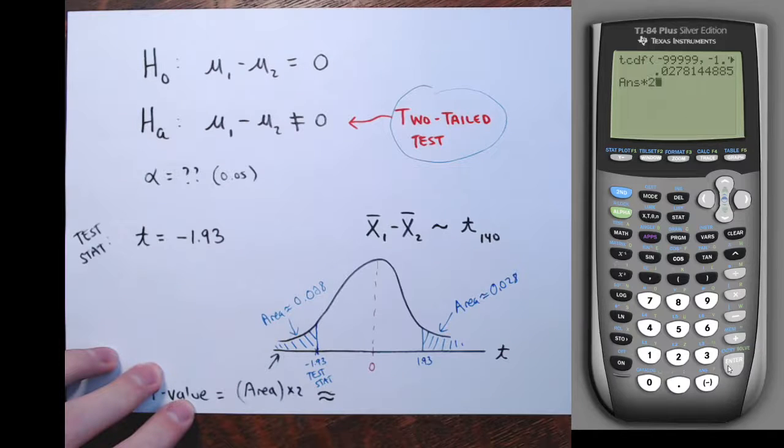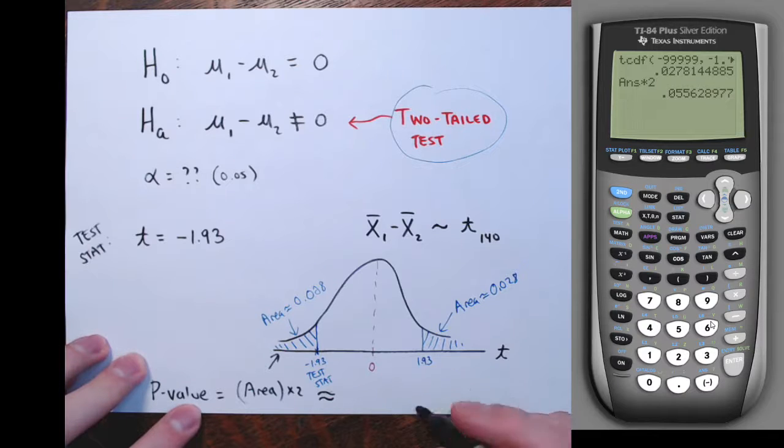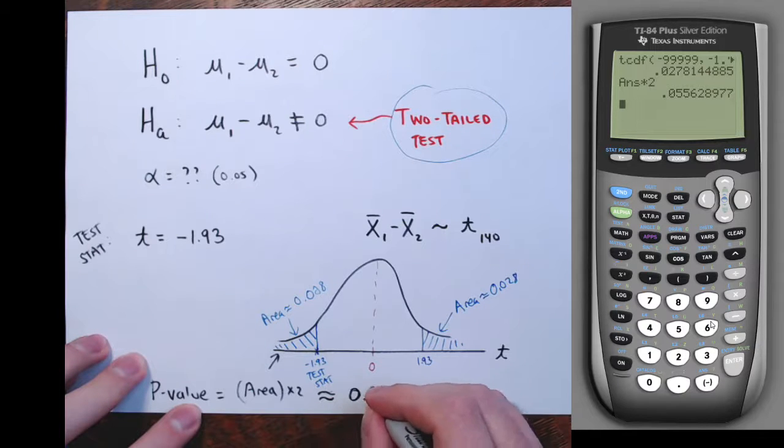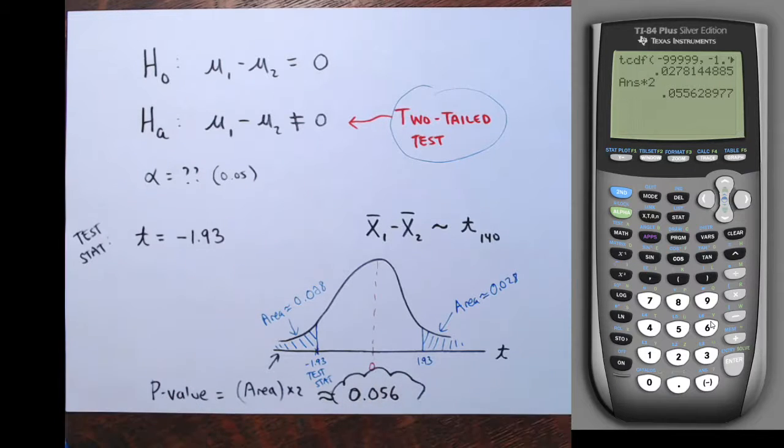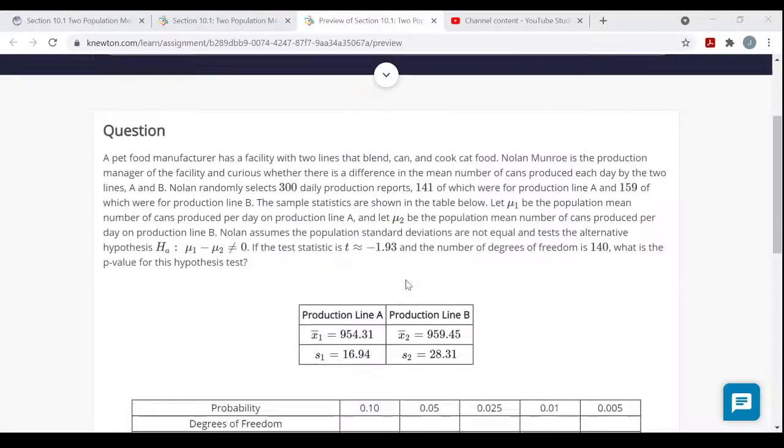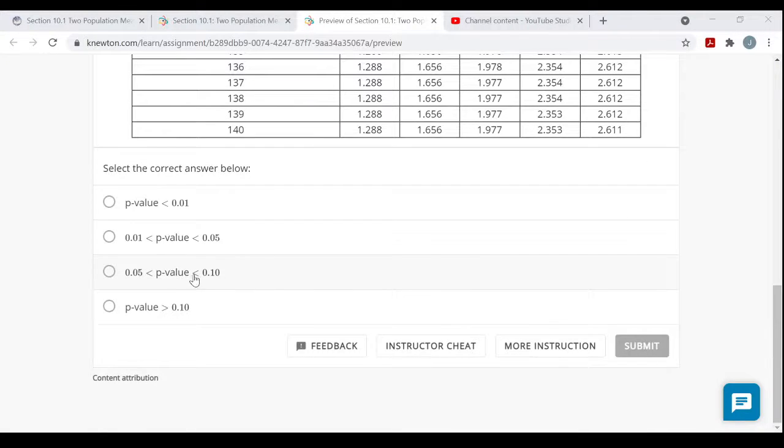Times 2, because it's a two-tailed test, and our p-value is approximately 0.056, right, if I go to 3 decimal places. All right, and let's see which of the choices that fits into. It's between 5 and 10%, right? So down here in the choices, the p-value is between 5 and 10%. That's the only one that makes any sense.